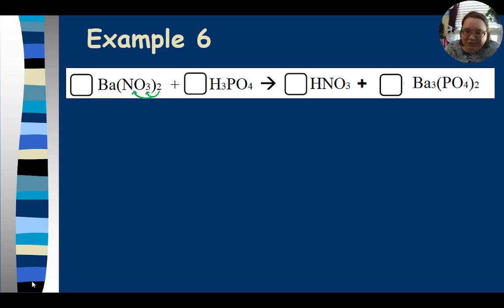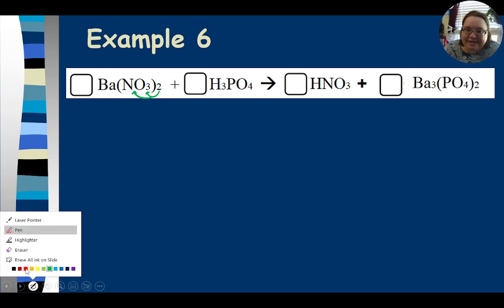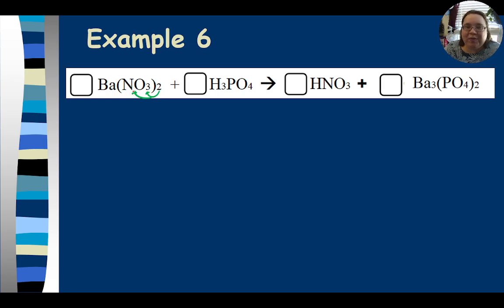I have some students who find it easy if they do a little bit of extra side notes, I guess, and go ahead and distribute that 2 in and just give themselves a love note that they have 2 N's total and 6 O's total in that barium nitrate.